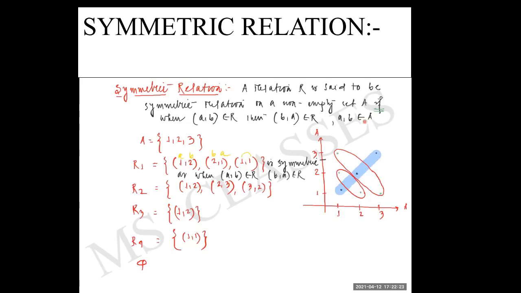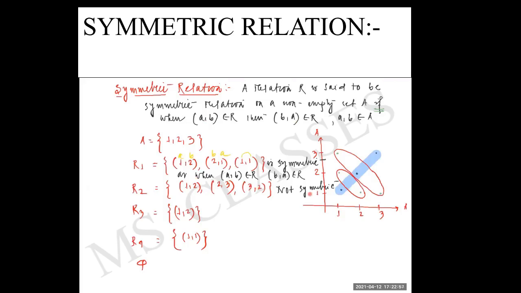Here you see, in R2, you have 1, 2. You have 2, 3. You have 3, 2. Now, is it symmetric? If you have (a, b), then look for (b, a). Here you have 1, 2, but 2, 1 is not there in this set. That is the reason it will not be symmetric.